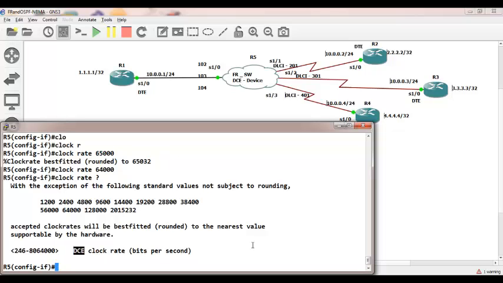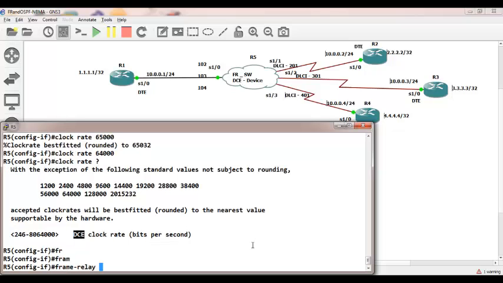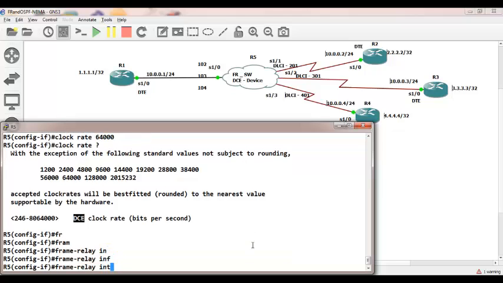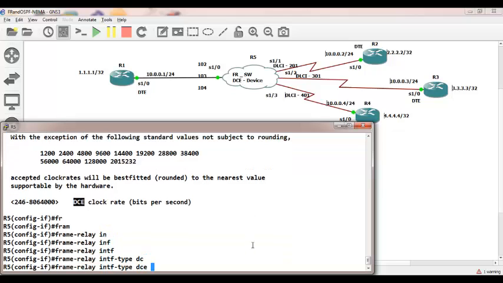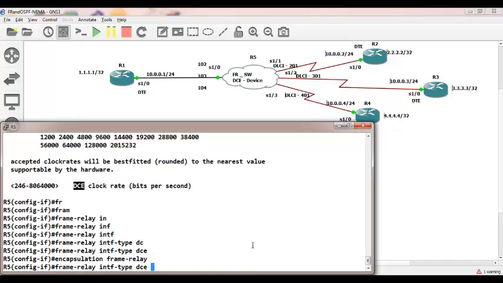Next, frame relay intf-type DCE. This is also an important command. So far I have typed only these three commands. One, encapsulation frame relay. Two, clock rate.